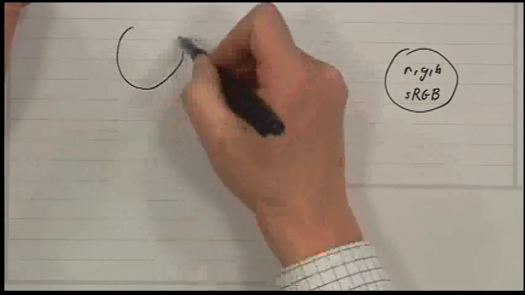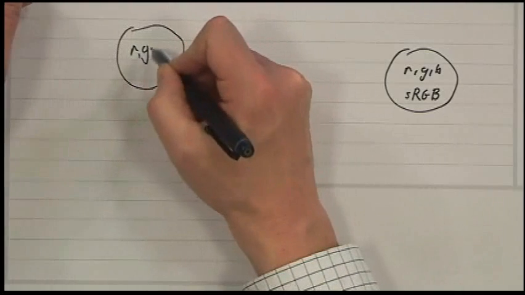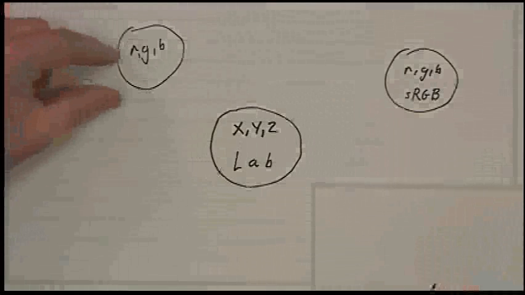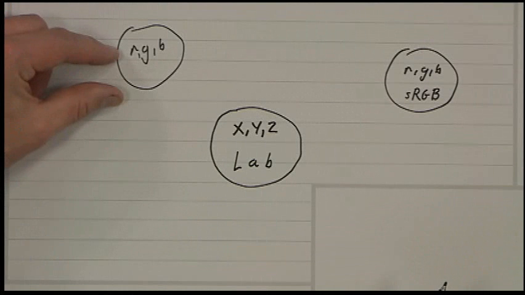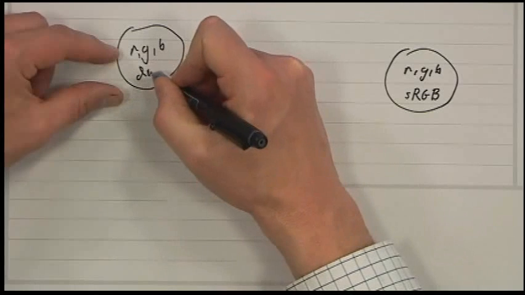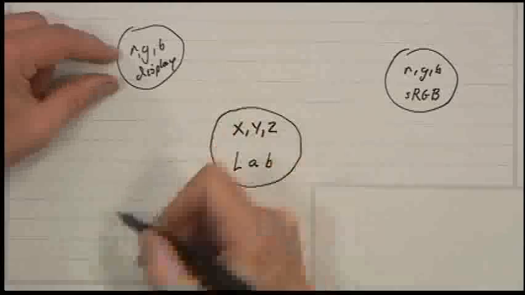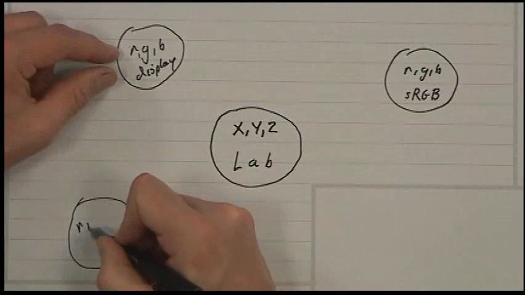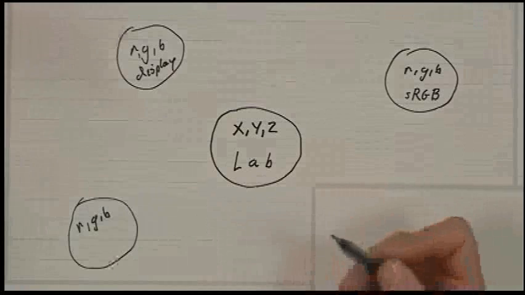They might have a device-dependent RGB. So they might have a particular device that physically has colors associated with it. This might be a display. Or you might have a printer here, which takes RGB. A printer can take RGB input.